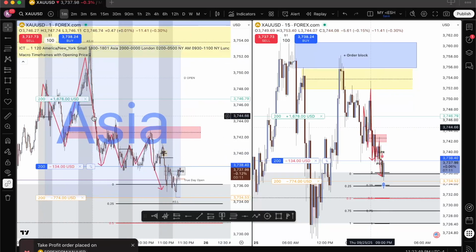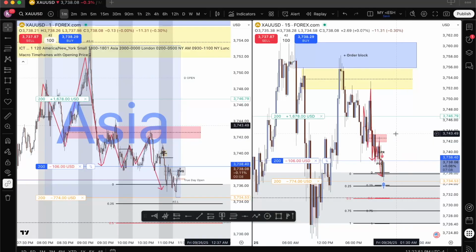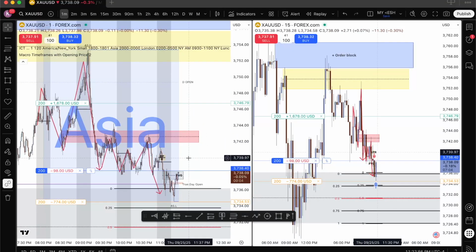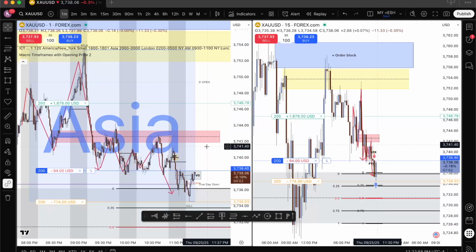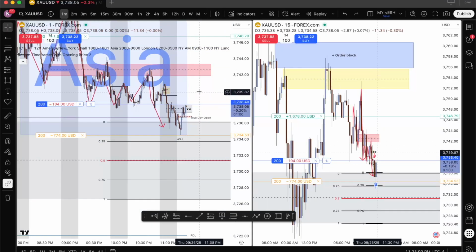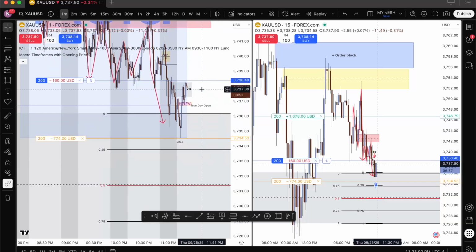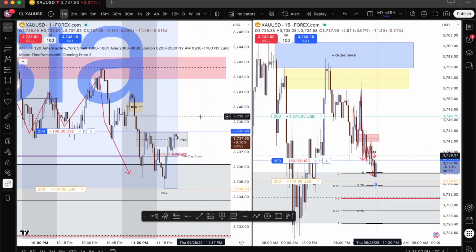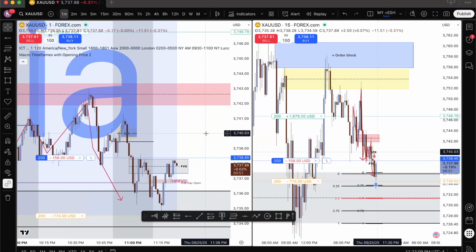So we kind of get another balanced price range right here. That's what I'm saying. It's real choppy on gold. So it may not be much this session, especially if this doesn't play out right here.